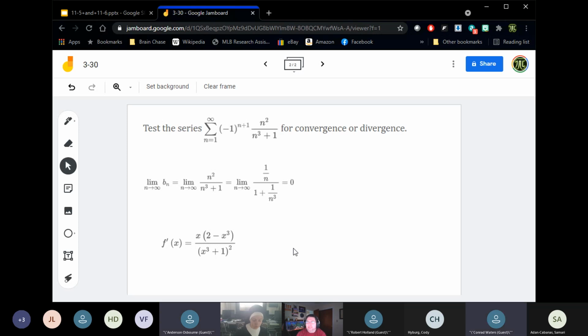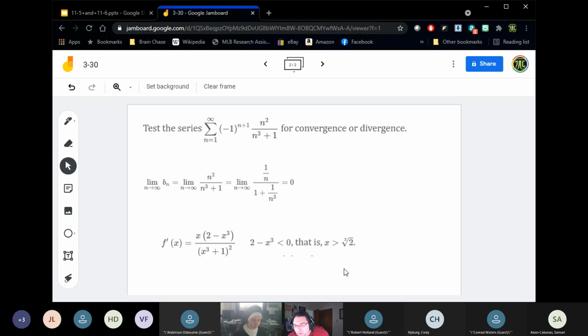No, because it's squared. So really, I only have to look at the top. As long as the top is less than 0, then the whole thing is less than 0. So 2 minus x to the third has to be less than 0. That means x has to be greater than the cube root of 2.